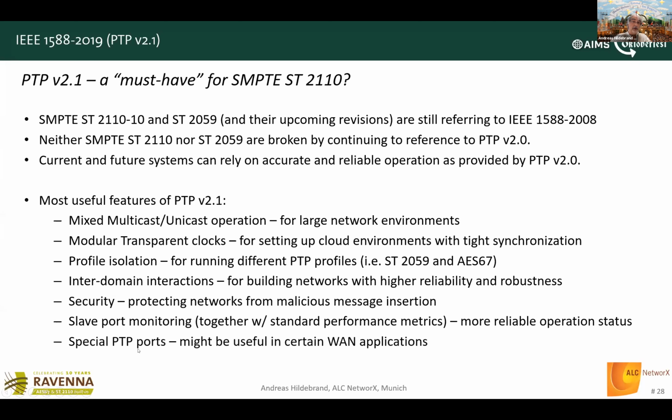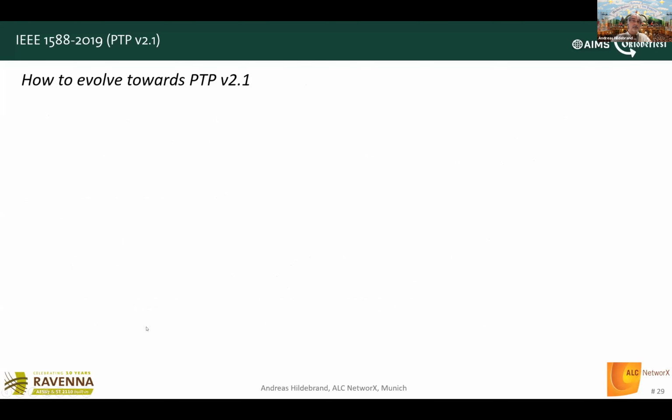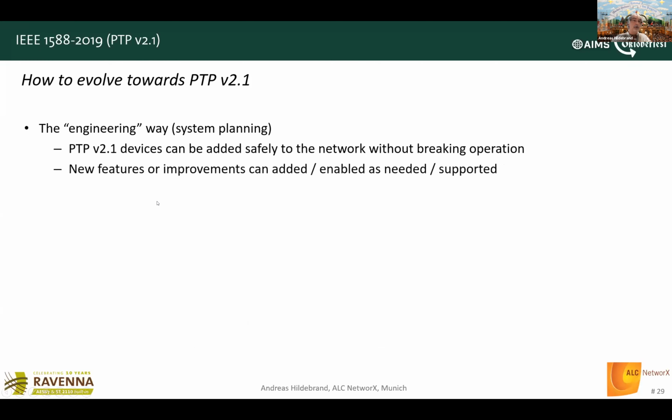And of course, when it comes to certain wide area network applications, the special PTP port feature might also come in very handy and useful because we then can take advantage of already existing transport-specific timing capabilities. So how can we evolve towards PTP version 2.1?